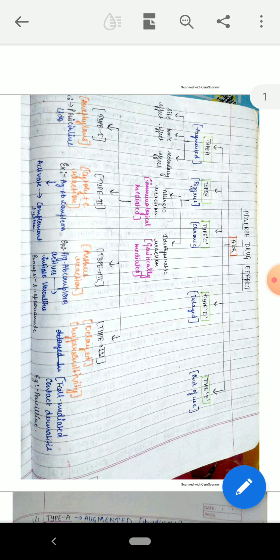Type B is bizarre, which is unpredictable and has little chance of returning to normal. Bizarre can be allergic or idiosyncratic, which is genetically mediated, and allergic reactions are basically immunologically mediated reactions. These are also classified into four types.